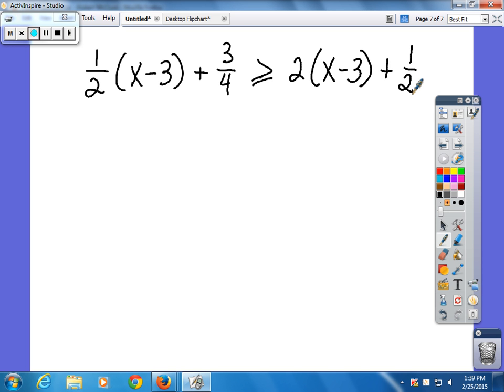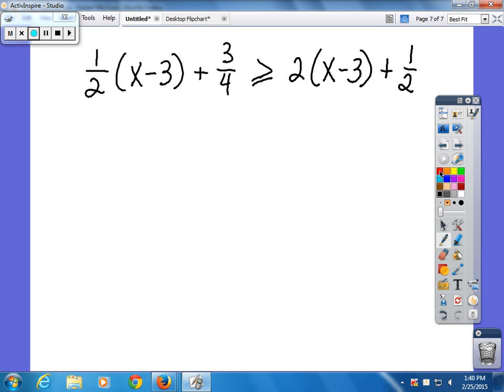What's the first thing you're going to do? Clear the fractions. Just do the question. The denominators are 2 and 4, so the common denominator is 4. You're going to multiply by 4 over 1.